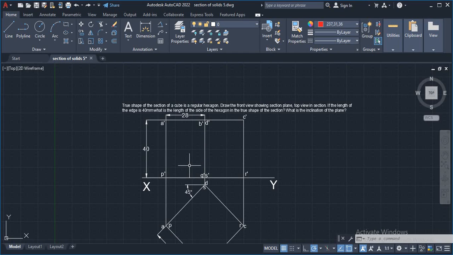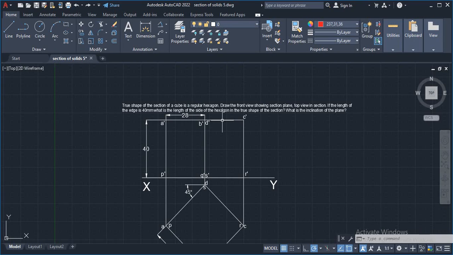The cutting plane cutting the front view makes the top view like a regular hexagon. So for that, measure the distance between P dash and Q dash and mark the center point. Similarly measure the distance from C dash to D dash.